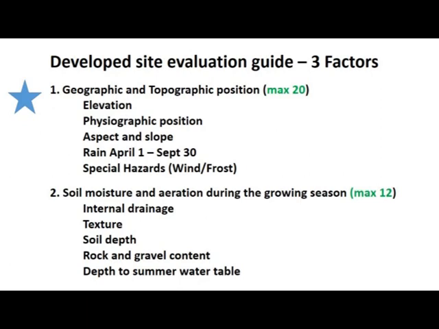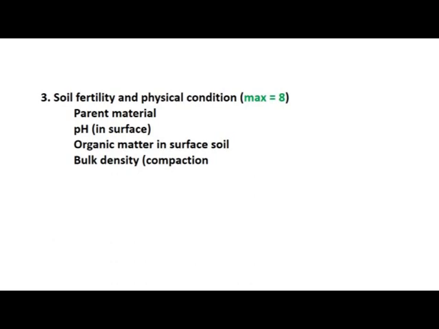Looking at soil moisture and aeration: the internal drainage, texture, soil depth, rock and gravel content, and depth to summer water table. Almost all of these things you can find in the descriptions online for your soils. And then soil fertility and physical condition.